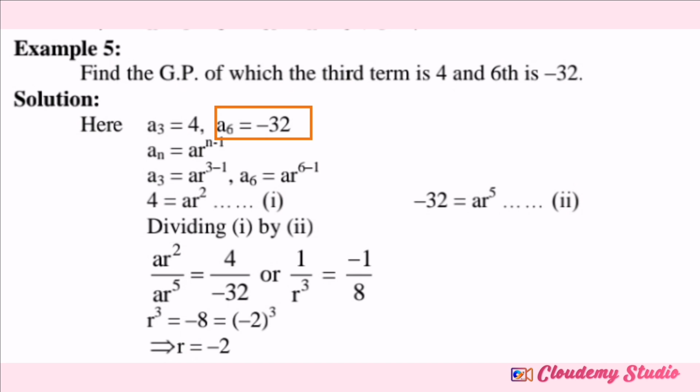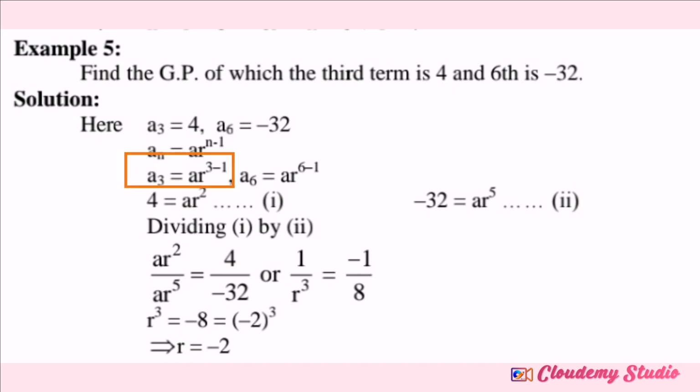Now we know that an is equal to ar raised to the power n minus 1. If we put n is equal to 3, a3 is equal to ar raised to the power 3 minus 1 and a6 is equal to ar raised to the power 6 minus 1.